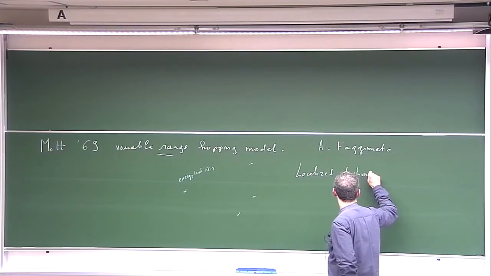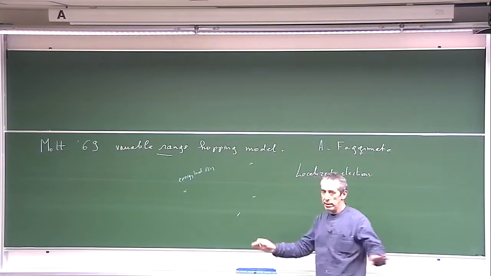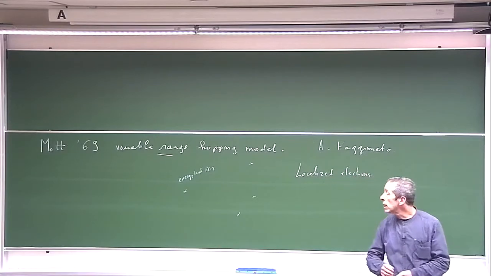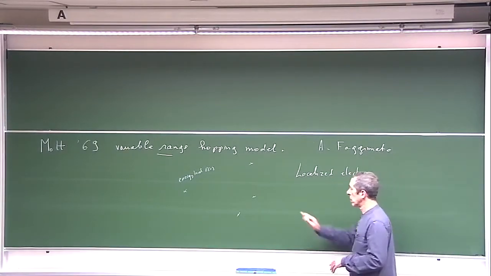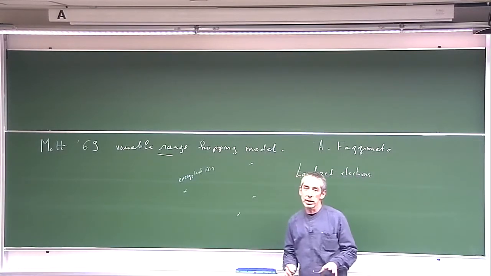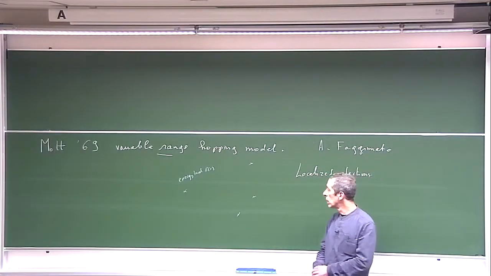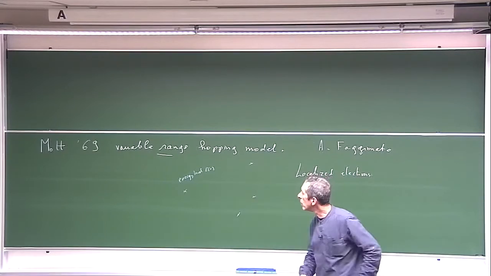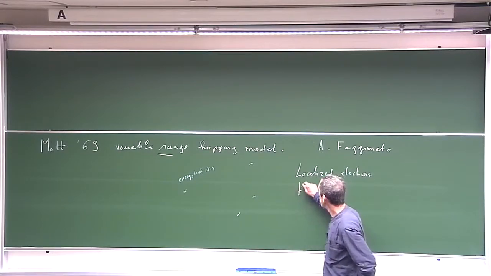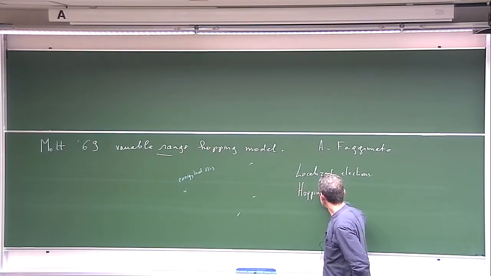And what happens is that in the absence of any force, the electrons will be in one of these points, but they can change, they can move. They can jump from one point to another one. They can hop from one point to another one. So you have a hopping dynamics.